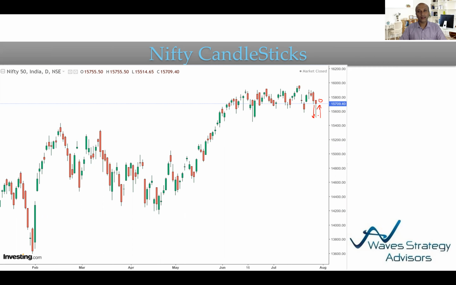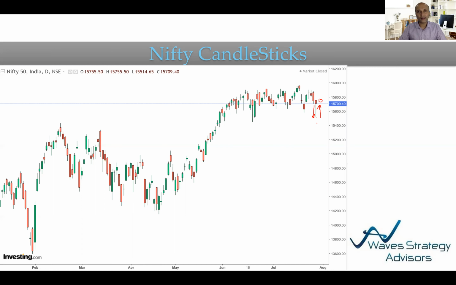However, basis this candle, it indicates that the bulls became active again from the lower levels. After the downfall here, the bulls again started getting active, and because of that prices rallied on the upside.